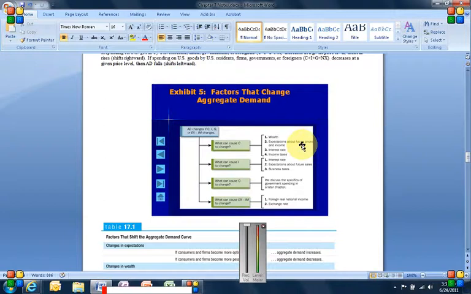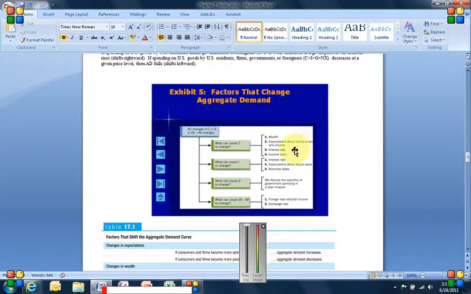If they expect in the future that income is going to increase for them, they'll buy more today. Same thing about prices. If they expect prices to go up in the future, they'll probably stock up today, so AD would shift to the right. If they expect prices to decline in the future, then they'll probably hold back for now, waiting for those prices to come down, and so AD would shift to the left.